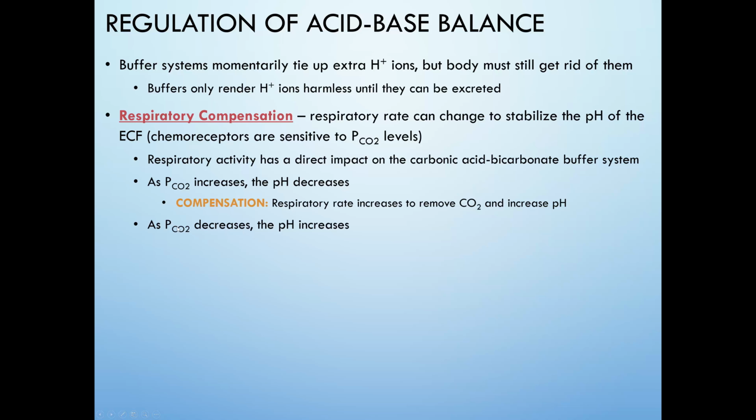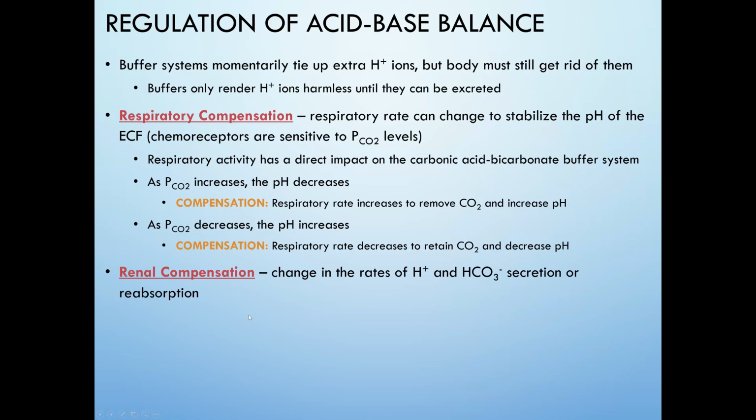So as the carbon dioxide level decreases, you have a decrease in hydrogen ion concentration, which will cause an increase in pH. So the compensation for this would be to decrease the respiratory rate, so you slow down your exhalation of CO2, and this allows CO2 to start building up in the body, so you retain and increase your amount of CO2, which will allow you to have more hydrogen ions, which will decrease the pH back to normal.